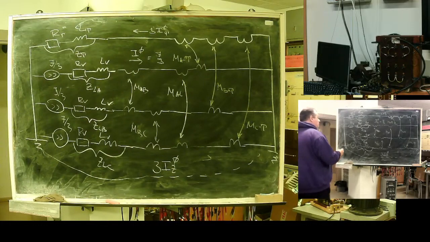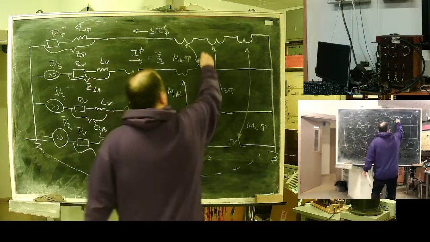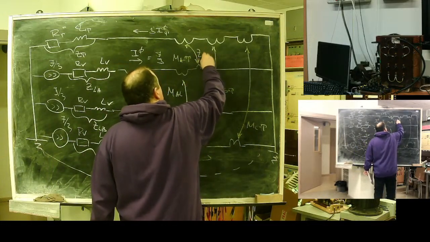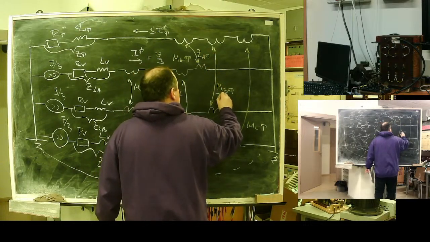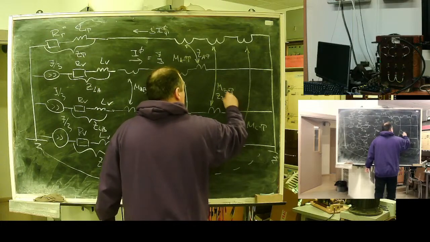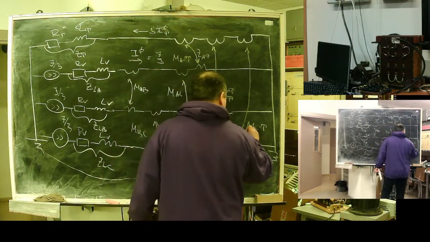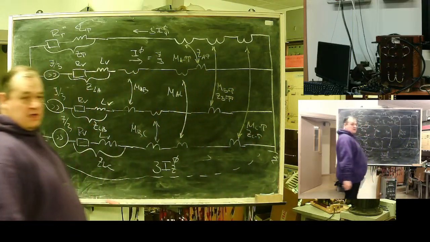Important moment. These three yellow elements correspond to the A to wire, B to wire, and C to wire mutual resistance.